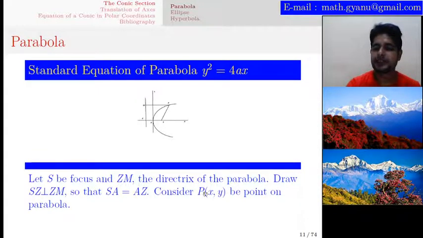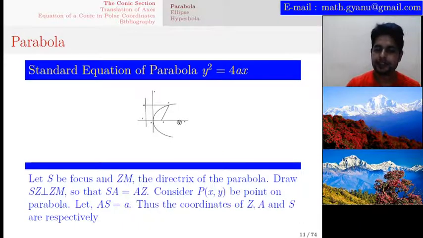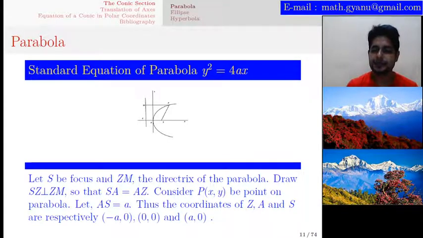Then consider P(x, y) the point on the parabola. Let AS equal a. Thus the coordinates of points Z, A and S are respectively (-a, 0), (0, 0) and (a, 0).